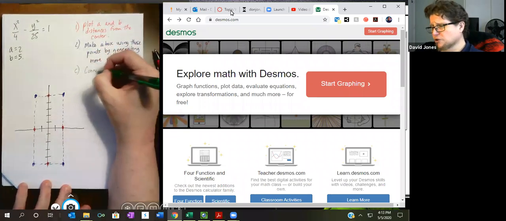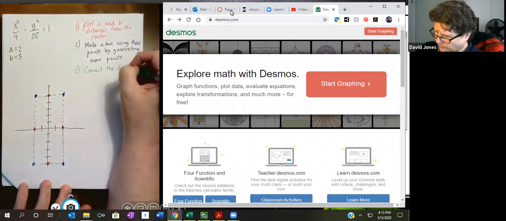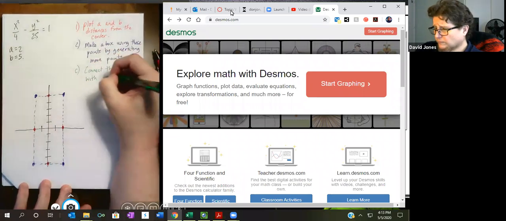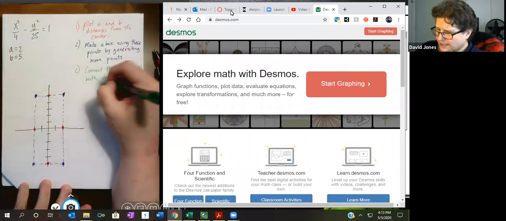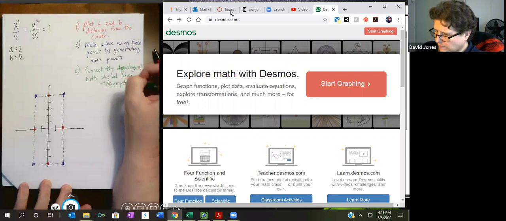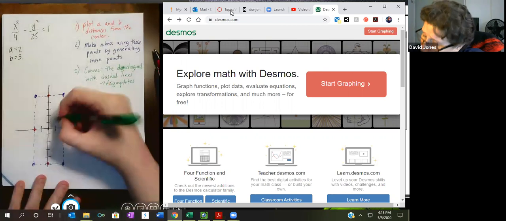Connect the diagonals with dashed lines. These are asymptotes. They pass through the center.